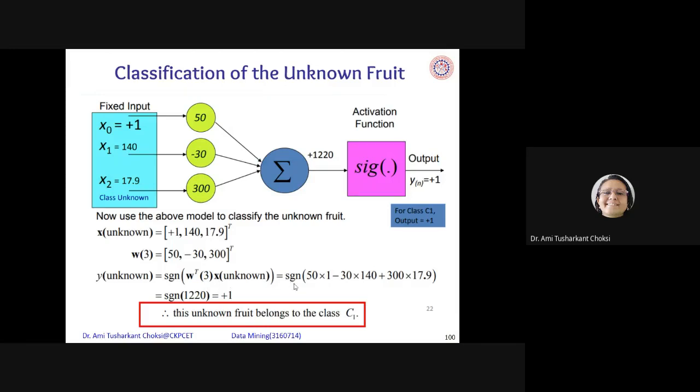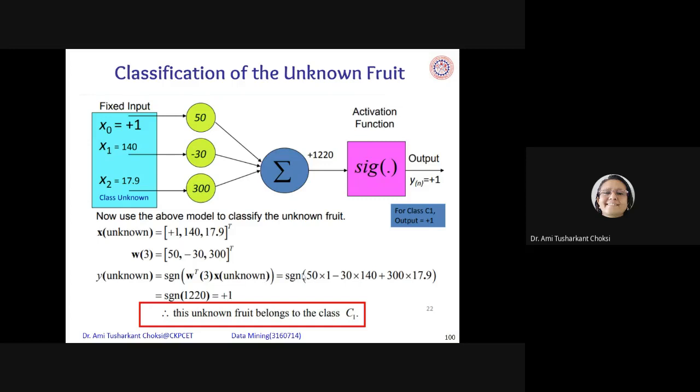X unknown is the vector we are having here. That is equal to SGN, applying this activation function to what we get here. We have to apply the values: 50 into 1, minus 30 into 140, 300 into 17.9. These are vectors, not simple numeric values.